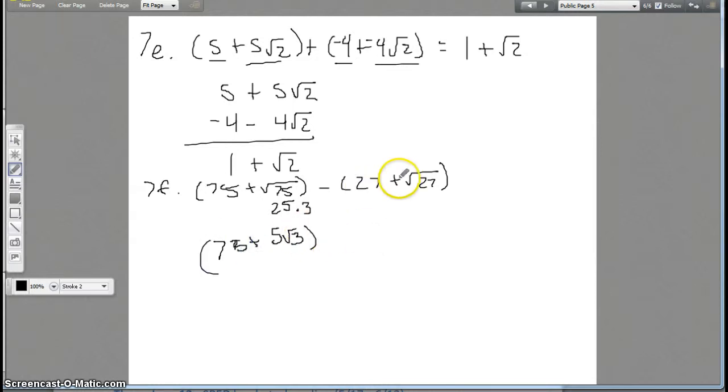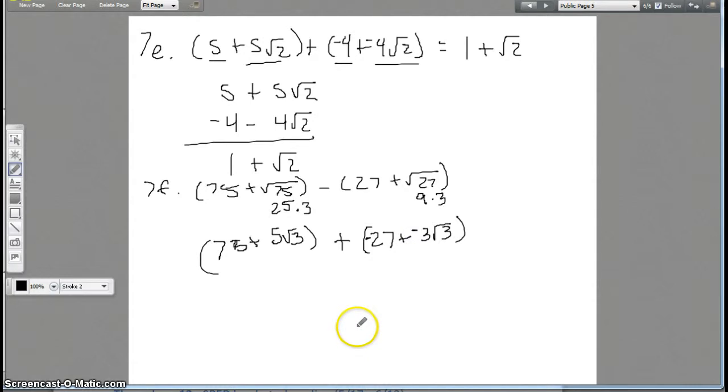And then we have 27 plus square root 27. The factors of 27 are 1 and 27, which isn't useful, or 3 and 9. 9 is a square number, so let's write this, 9 times 3. When we take the square root of 9, we get 3, and then we still have a 3 left behind. So this is 27 plus 3 root 3. Remembering we're subtracting everything in this second parentheses, so I'm going to change my minus to a plus and flip my signs.